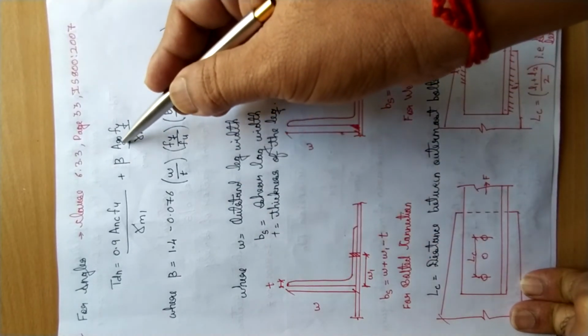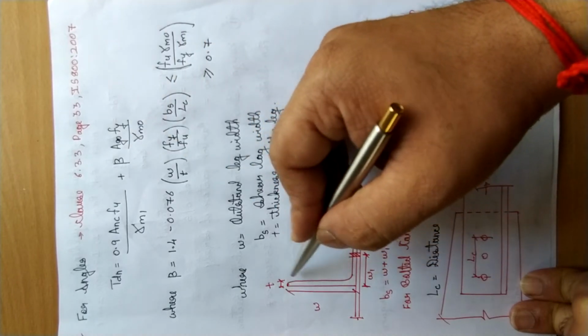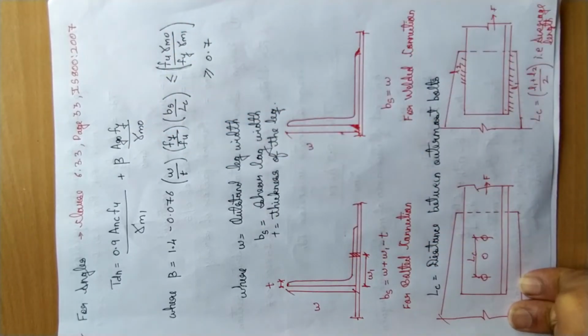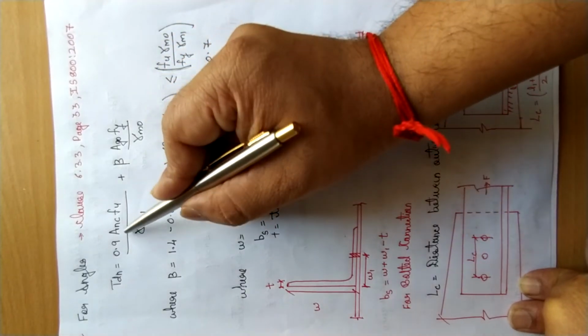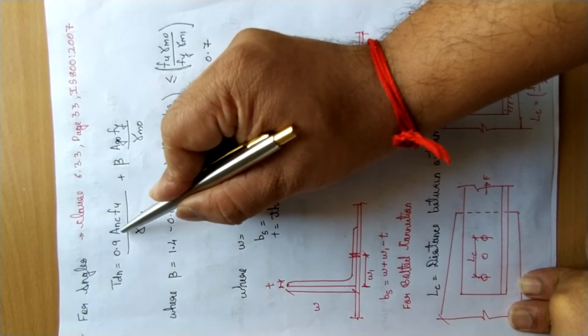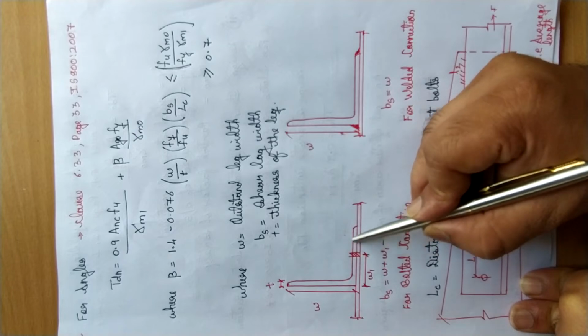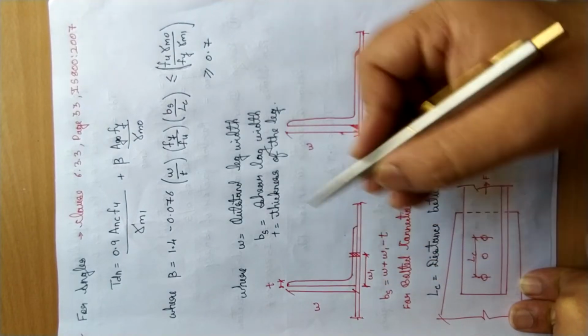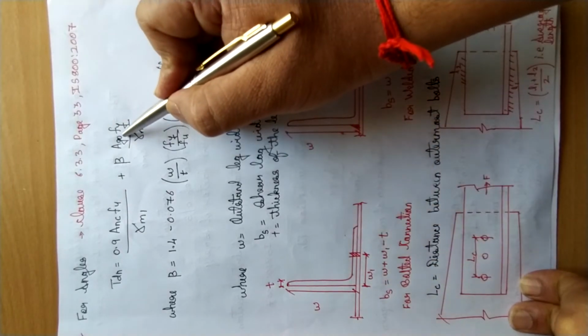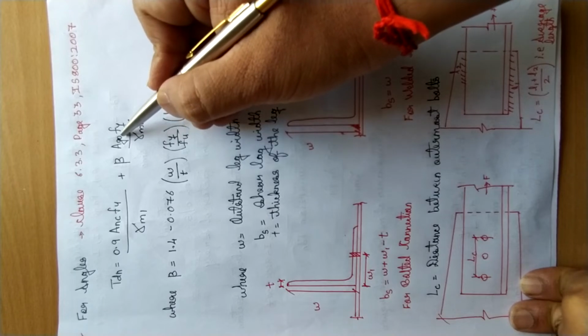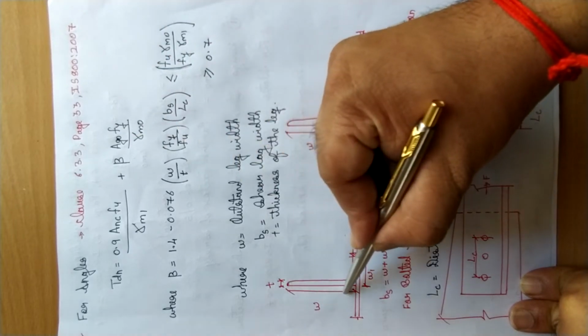That's why it becomes gross, because the full section is used. We already know that Ag is nothing but the gross cross section, that is the full strength of the section. So remember, Anc is the net area of the connected leg, that means this one for this connection, and Ago is the gross area of the outstanding leg. So it is related with this.